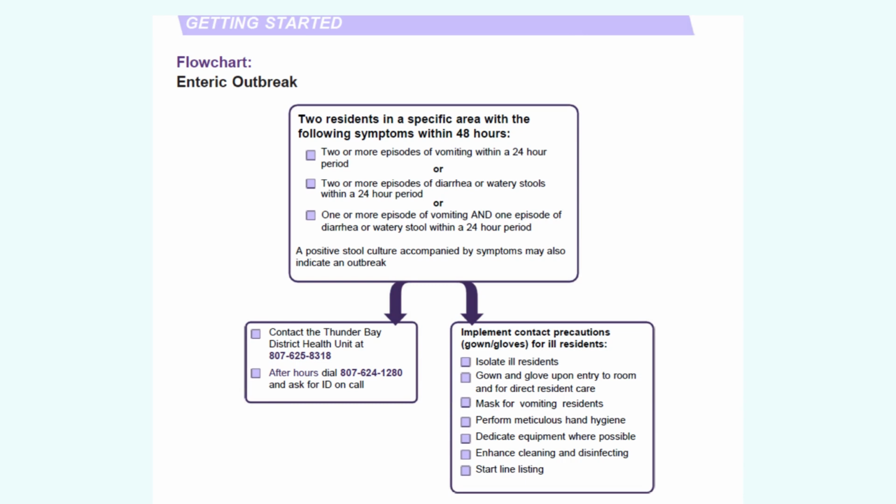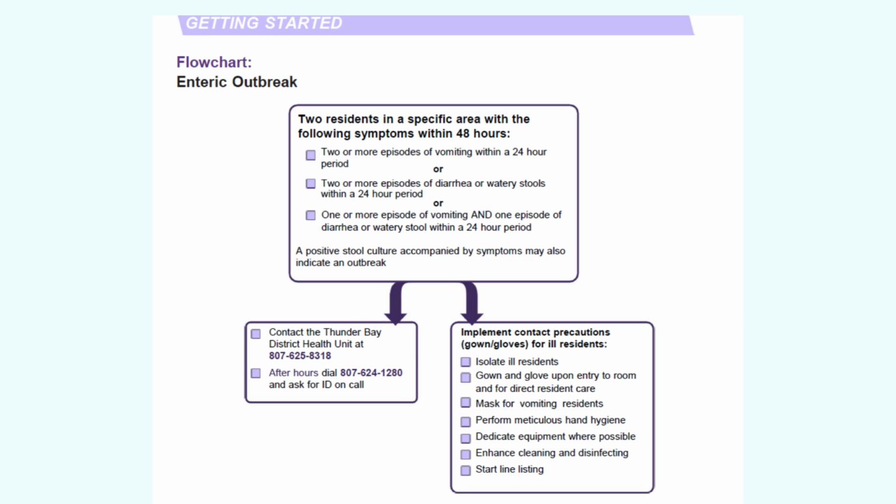This is a flow chart that our infectious disease nurses have created and can be found on their website under some of their resources. It goes over an enteric outbreak. Do you have two residents within a specific area, with an epidemiological link, with the following symptoms within 48 hours of each other?